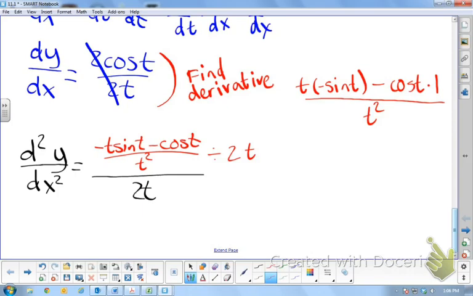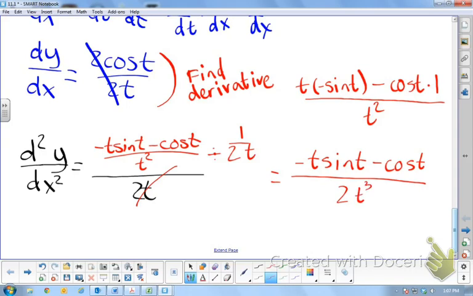This is why I always write out my fraction over a fraction old school, and say, okay, now I multiply by 1 over, it's going to go on the bottom. So then our final answer would be negative t sine t minus cosine t over 2t to the third. That would be the second derivative.